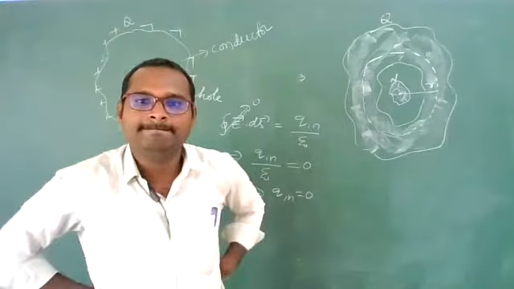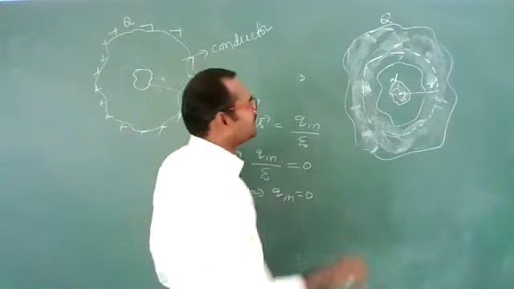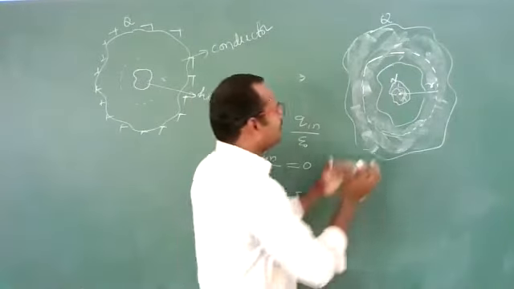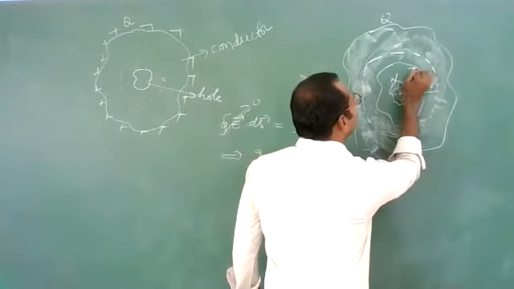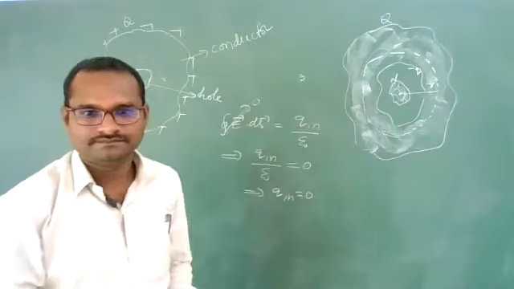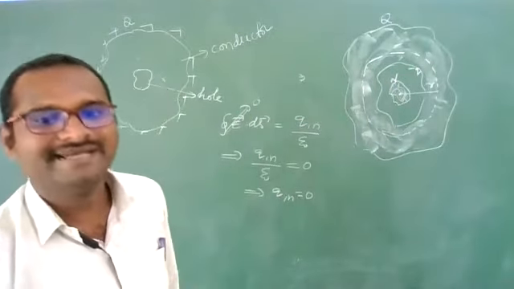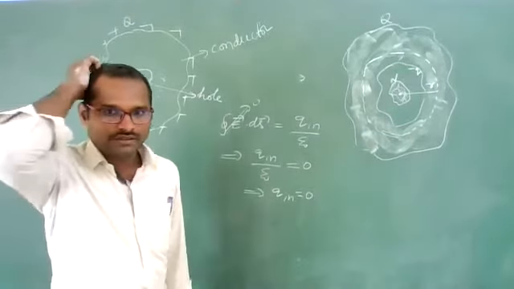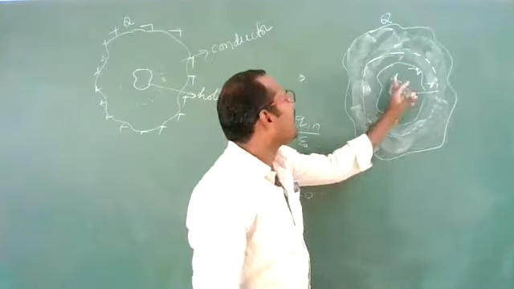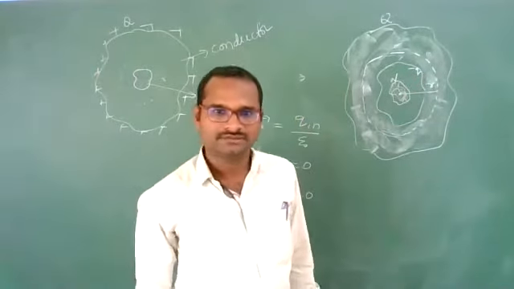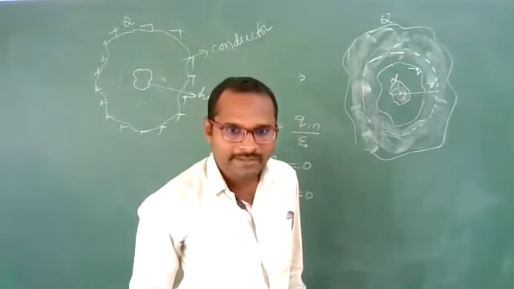See here, this plus q charge will create a minus q charge on the inner surface of the cavity. It will not get discharged. It will create an opposite charge on the inner surface of the cavity.